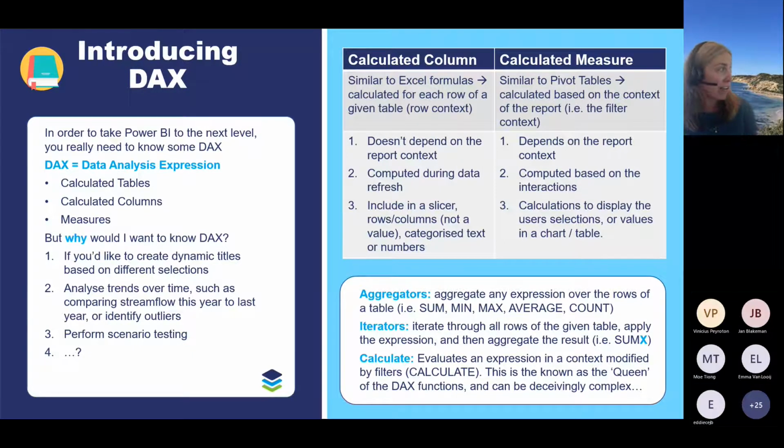And we can use DAX to calculate tables. So create new tables within our Power BI report and link them up to our data model. We can also use DAX to calculate columns. So if we wanted to add another column to one of our tables and perform a calculation, a little bit like what you would be used to doing in Excel, we can write DAX there.